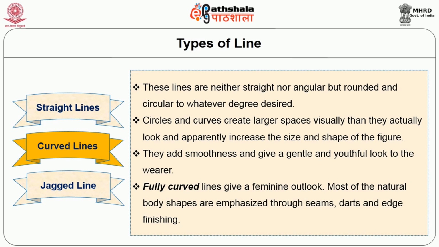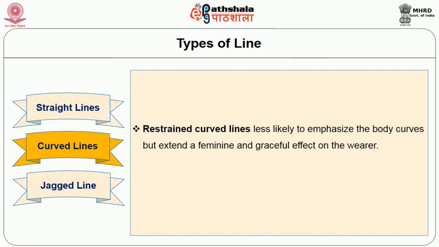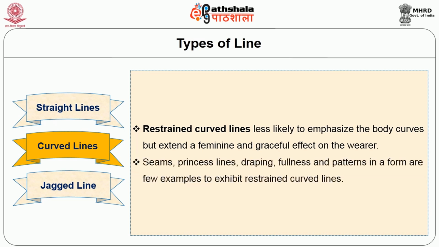Most of the natural body shapes are emphasized through seams, darts and edge finishing. Restrained curved lines are less likely to emphasize the body curves, but extend a feminine and graceful effect on the wearer. Seams, princess lines, draping, fullness, and patterns in a form are a few examples to exhibit restrained curved lines.